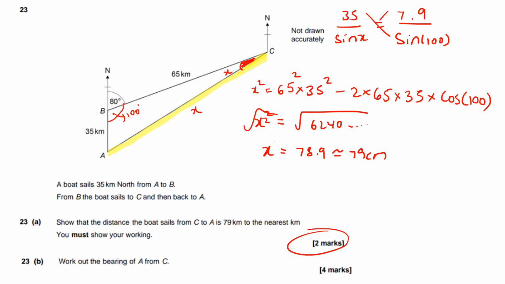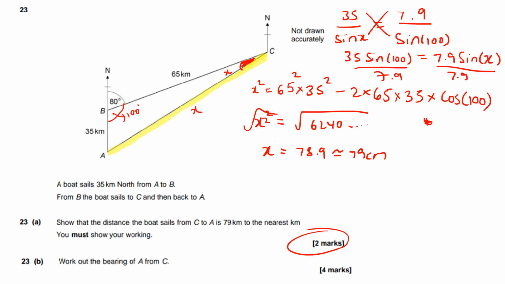I will then need to do cross multiplication here, so that's going to be 35 sin 100 is equal to 78.9 sin x. Divide both sides by 78.9.